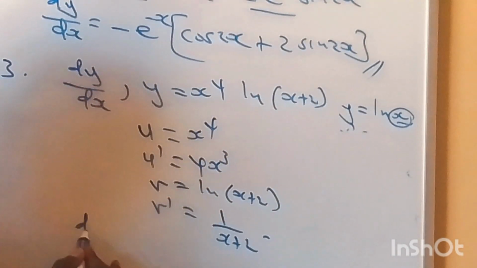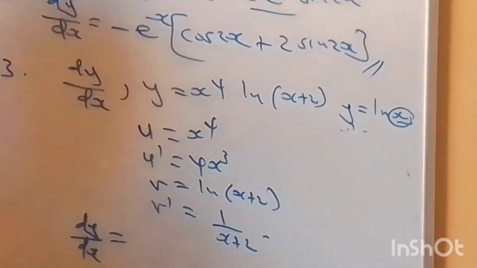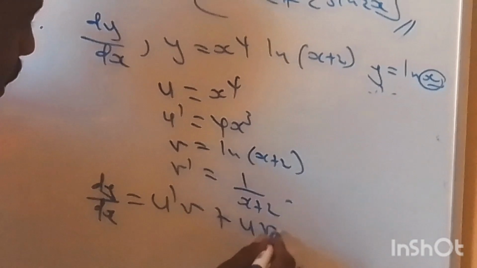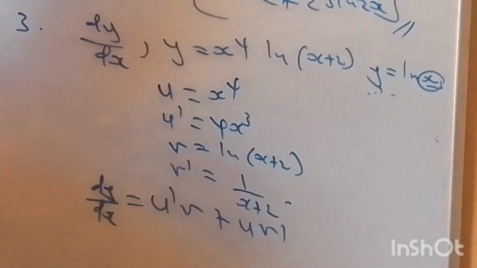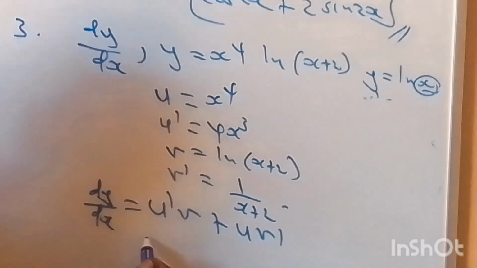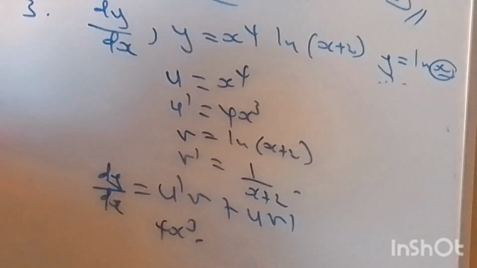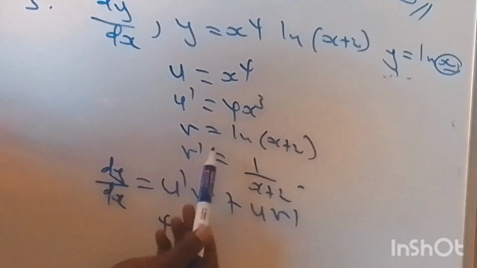So the dy over dx, when we use the product rule, is u prime v plus u v prime. So let's apply our u prime, and our u prime is 4x raised to 3 multiplied by v, and our v, where is our v?